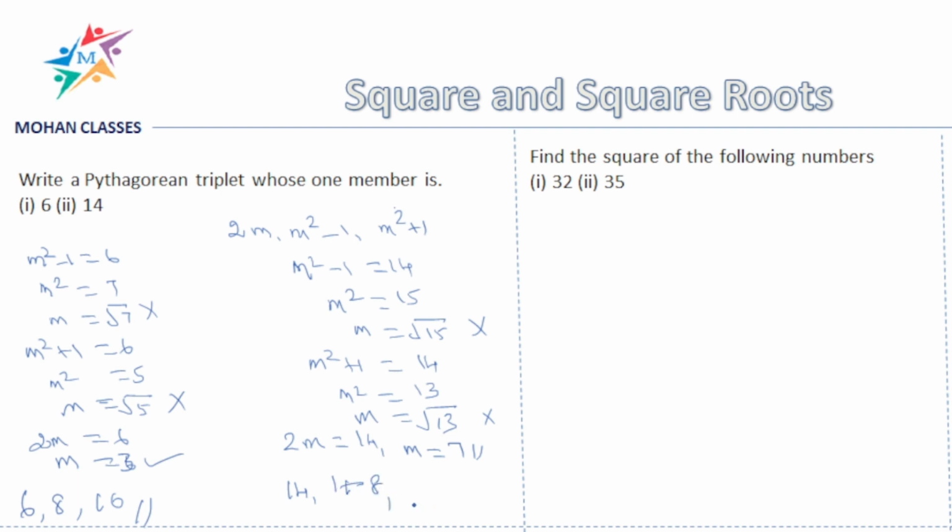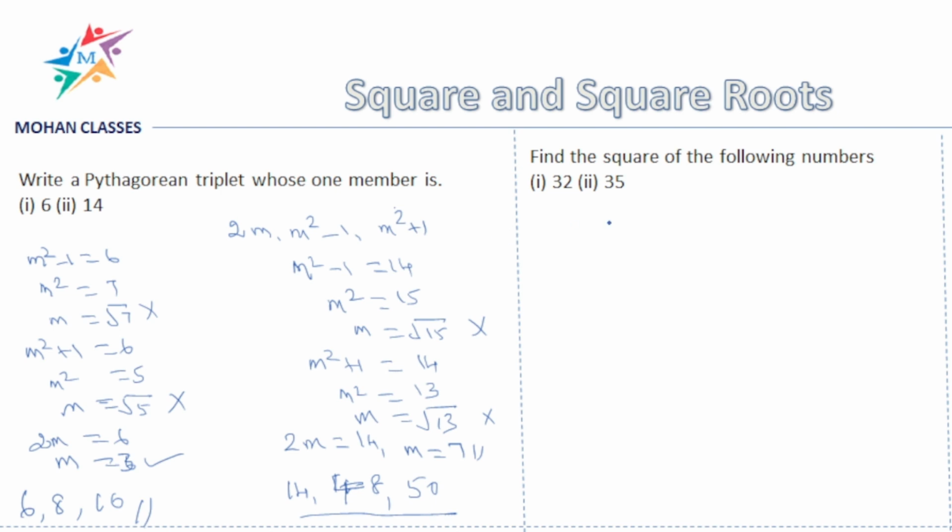And then 49 plus 1, 50. So 14, 48 and 50 are the Pythagorean triplet. Here 14 is 2m, m is 7. 7 square minus 1, 48 and 50. These are all the Pythagorean triplet.